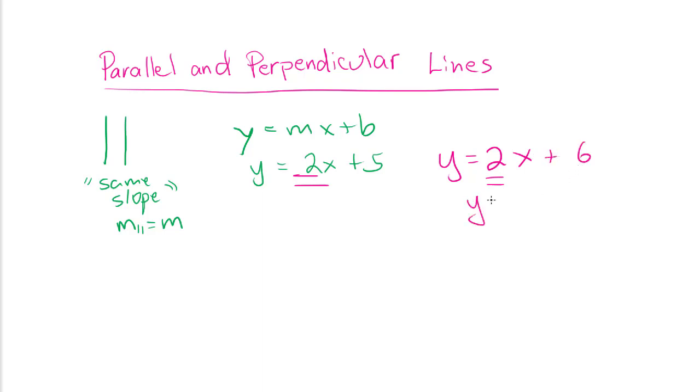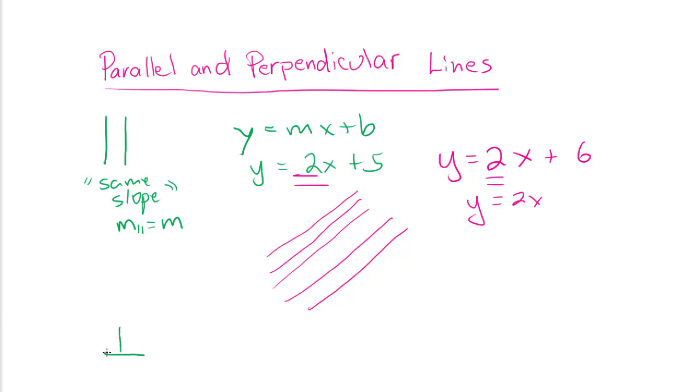It could be y equals 2x with a 0 intercept. It could be y equals 2x minus 1. It could be any intercept. So the line might look something like this, and all the parallel lines to it would look something like that as well.